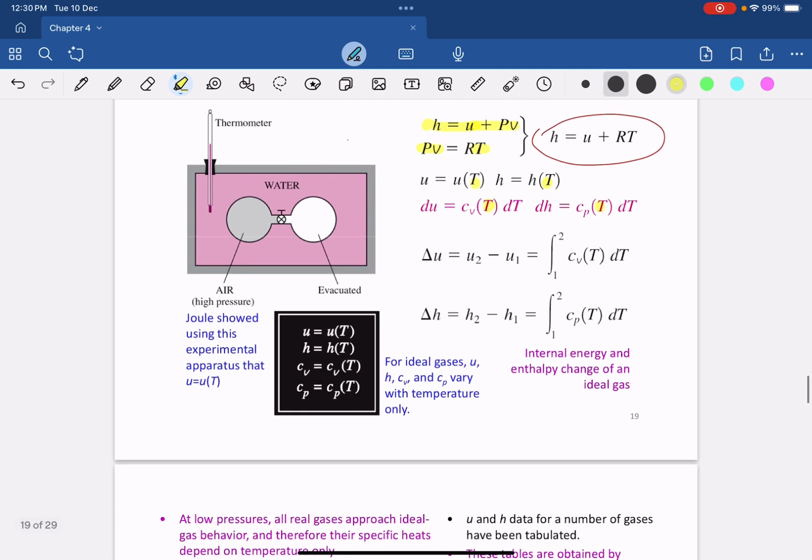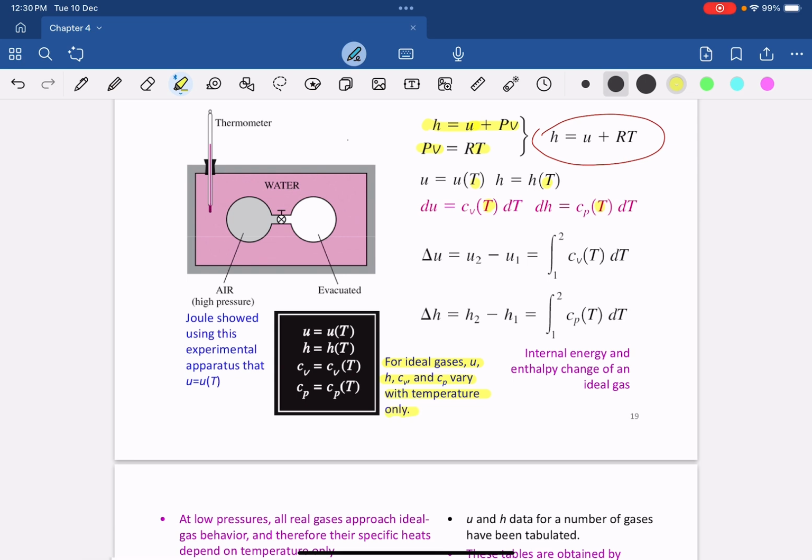What else? For ideal gases, internal energy, enthalpy, and the specific heats for constant pressure and volume vary with temperature only.